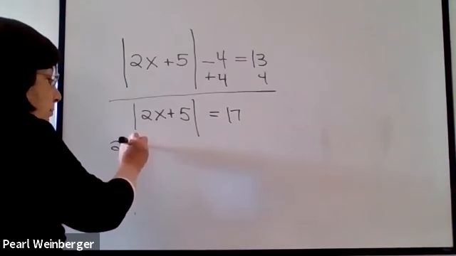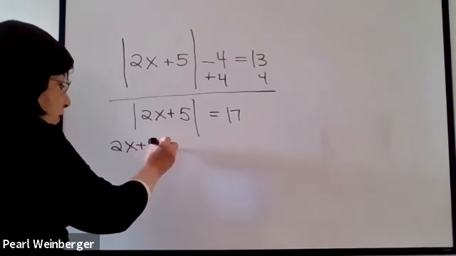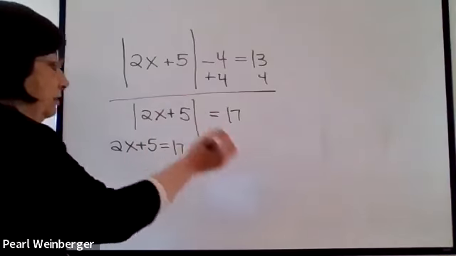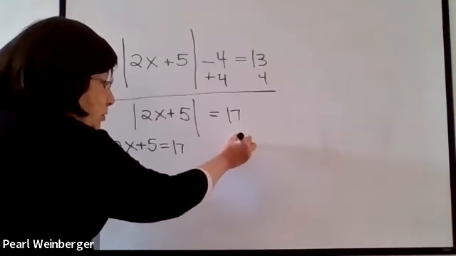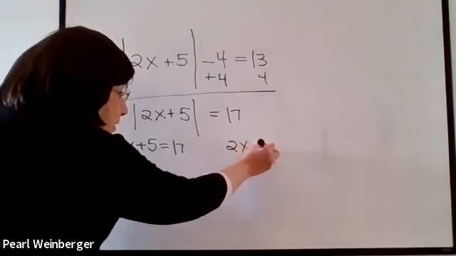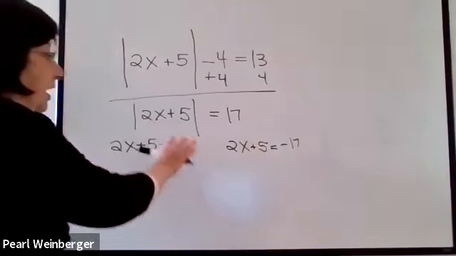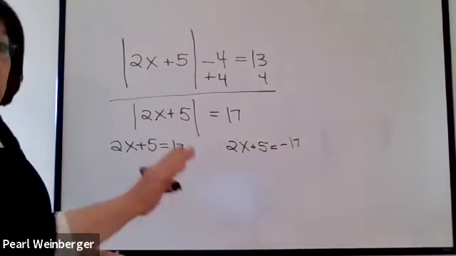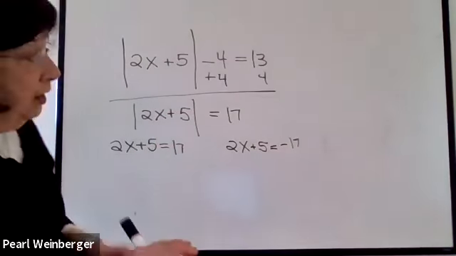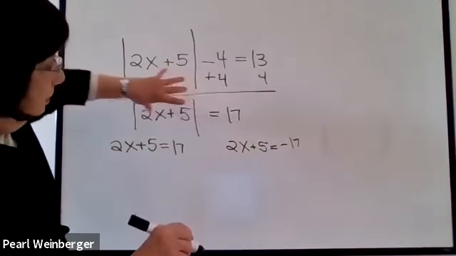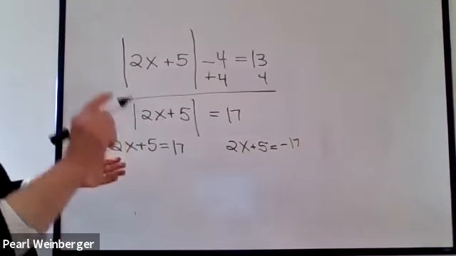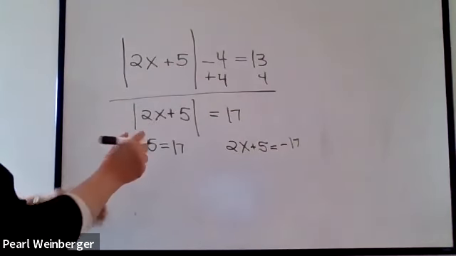The first equation becomes 2x plus 5 equals 17. And the second equation comes out to be 2x plus 5 equals -17. Don't forget that you're going to be getting two equations, one with a positive number and one with a negative. And you solve both of these equations.